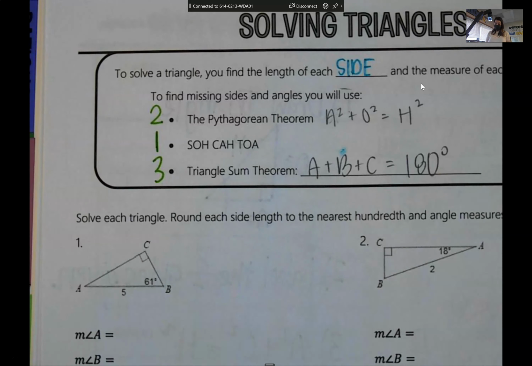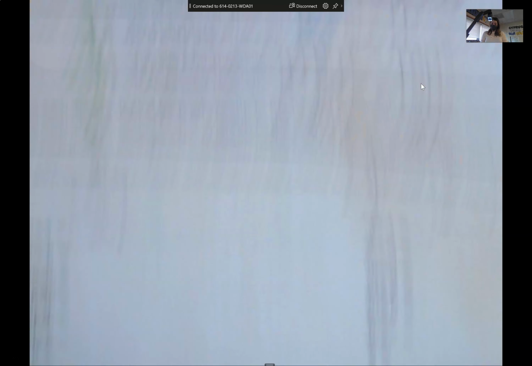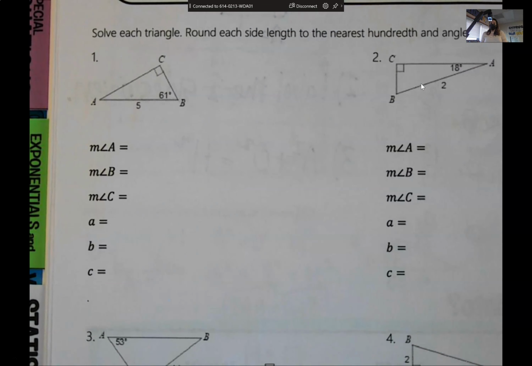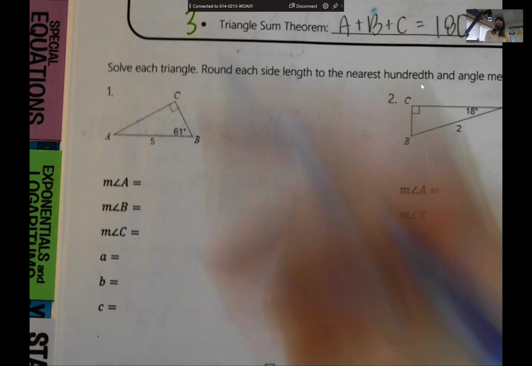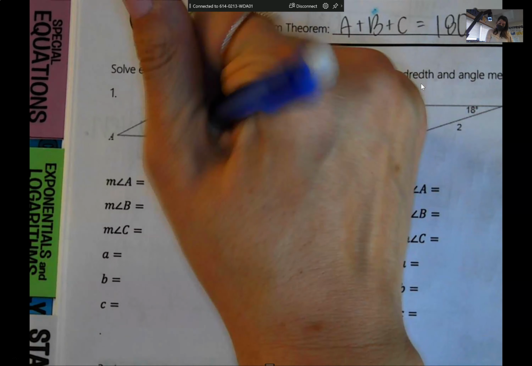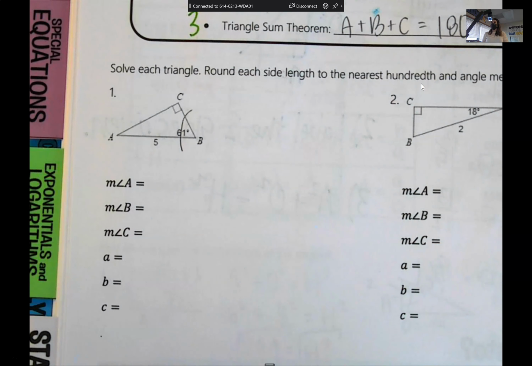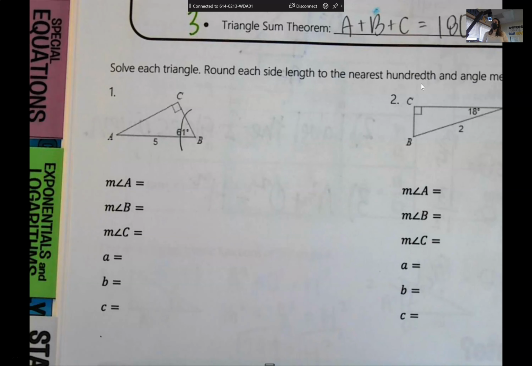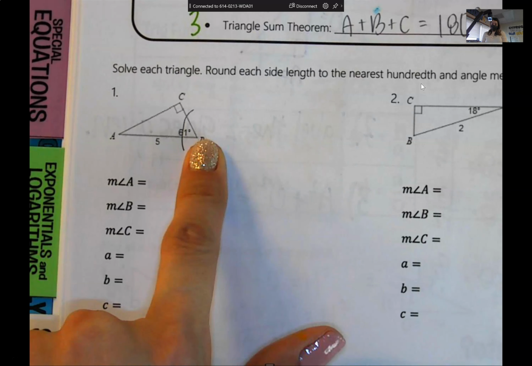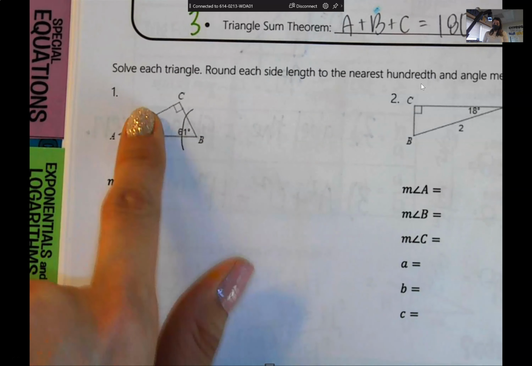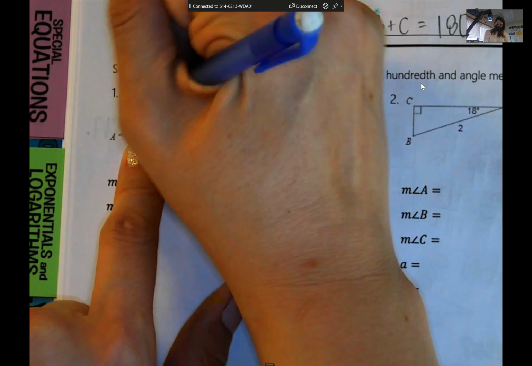Okay, so we're going to do one together, and then I'm going to have you try your quiz. So step number 1, mark the given angle, that's B, and name opposite, hypotenuse, adjacent based off of that. So across from that would be opposite.